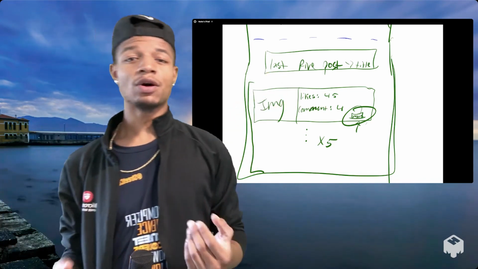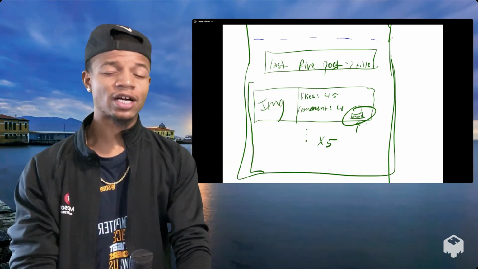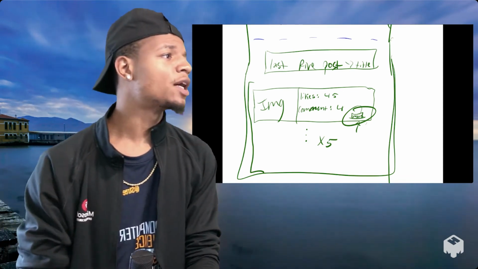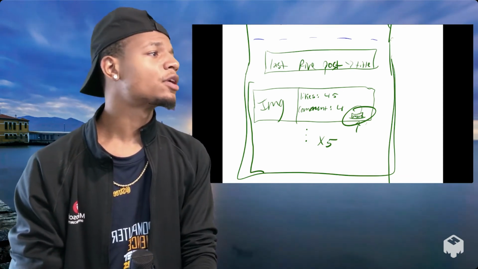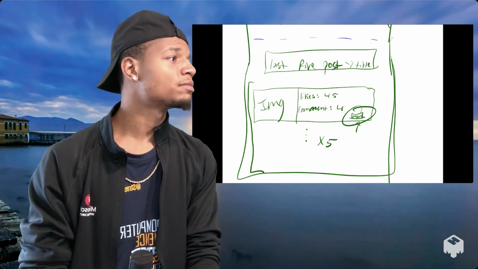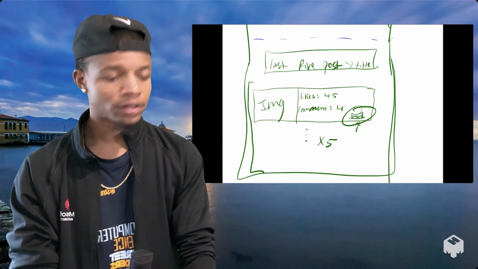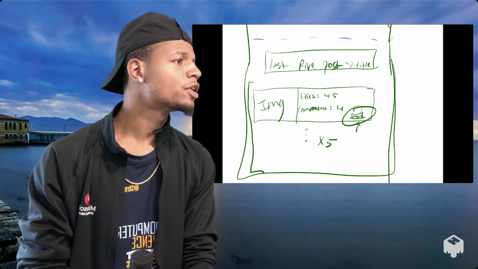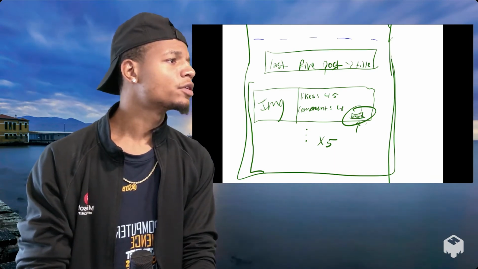So one of these components is probably called a card component in Material UI. So we can go to Material UI and look that up real quick. Card component. I just go to the search at the top and put card, simple card.